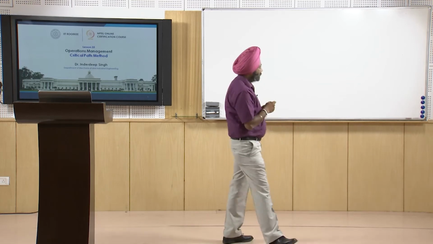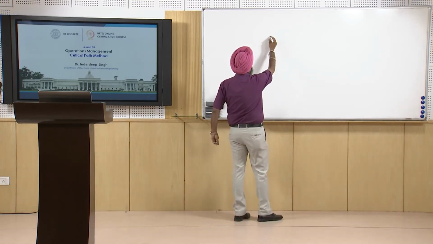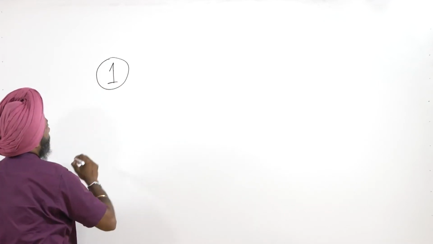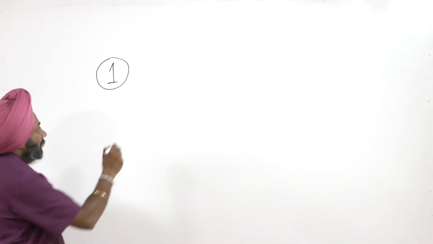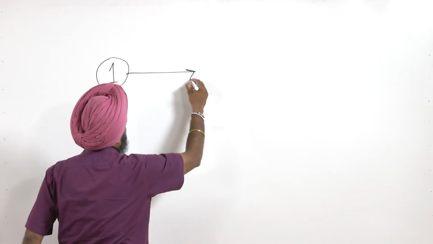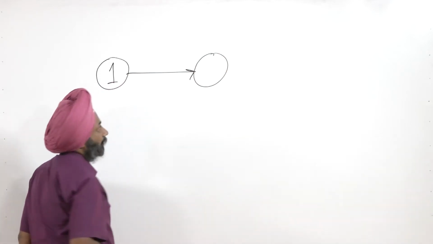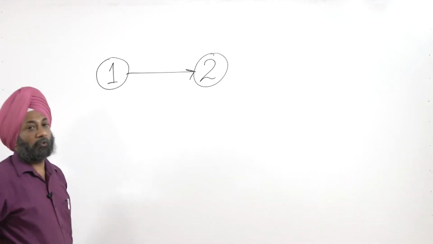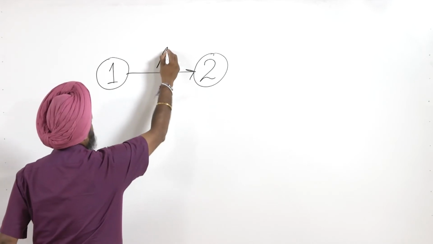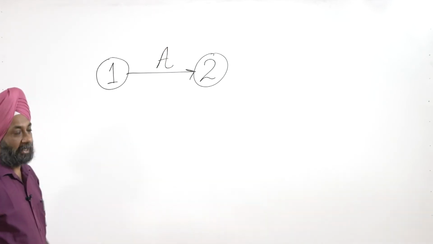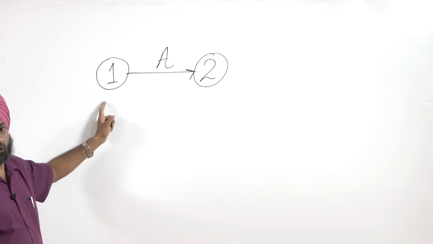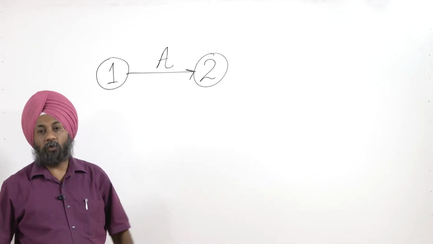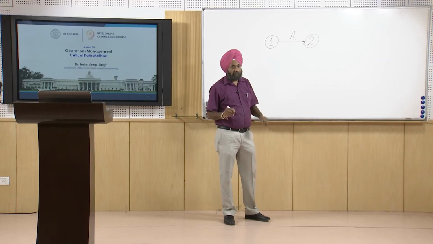So let us quickly see how we can represent the networks. This is our node 1, or we can call it the start node, and then there is an arrow and another end node for this activity, which we usually depict by the number 2. So activity A starts from node 1 and ends at node 2. These types of networks are called activity on arrow networks.